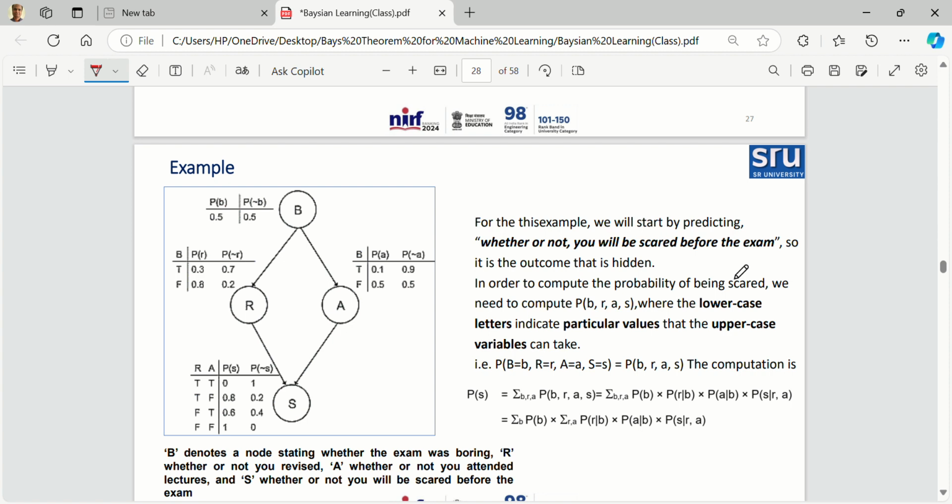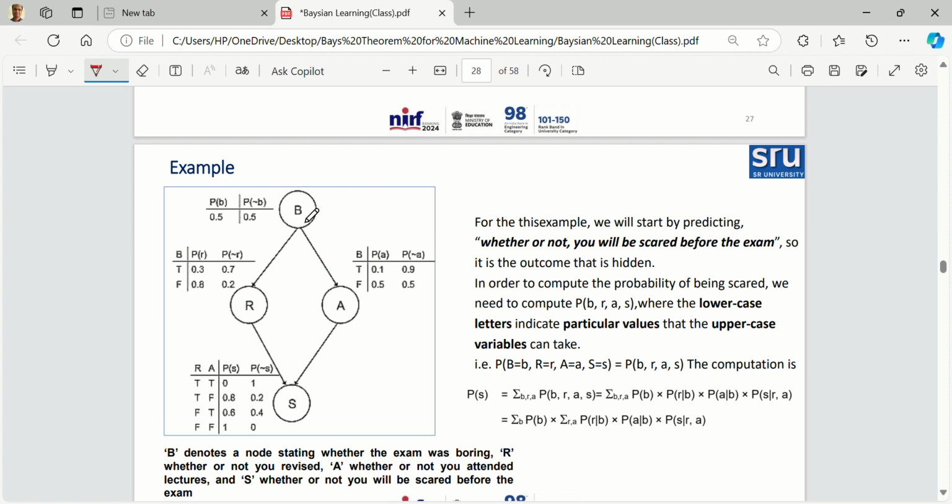You have different cases. S is being scared about the examination. A is attending the lecture. R is whether you revise the course or not. B is whether the exam was boring.